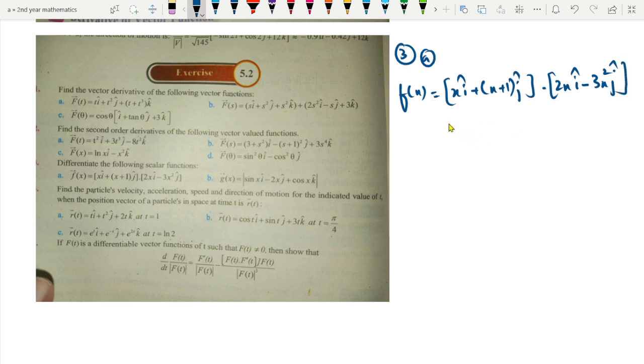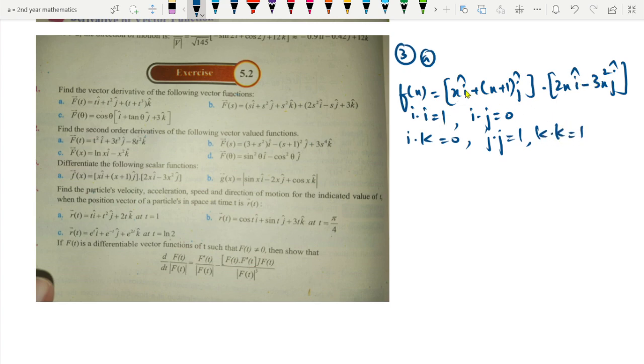Simply take the dot product of this. So this multiplied with this, we know that i dot i is equal to 1 and i dot j is equal to 0, i dot k is equal to 0, and similarly j dot j is equal to 1 and k dot k is equal to 1.